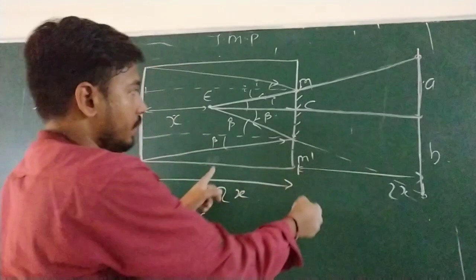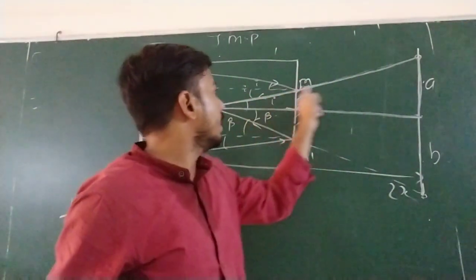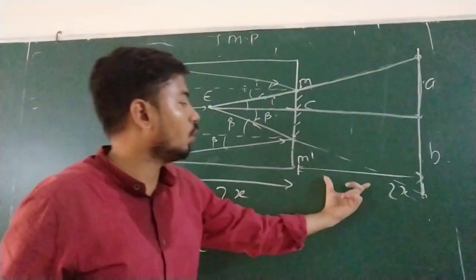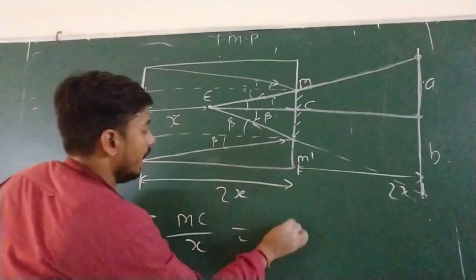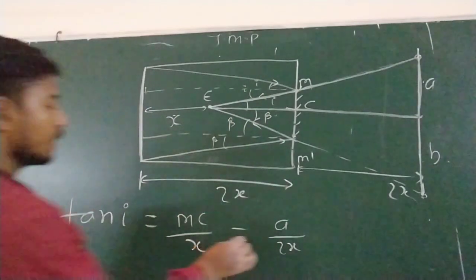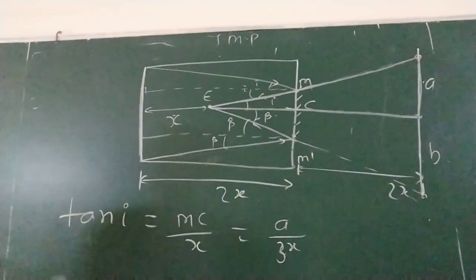This tan I is equal to tan I in the bigger triangle. This height divided by this total distance. This is 2x and this is x. So this becomes A by 3x, because 2x plus x is 3x.